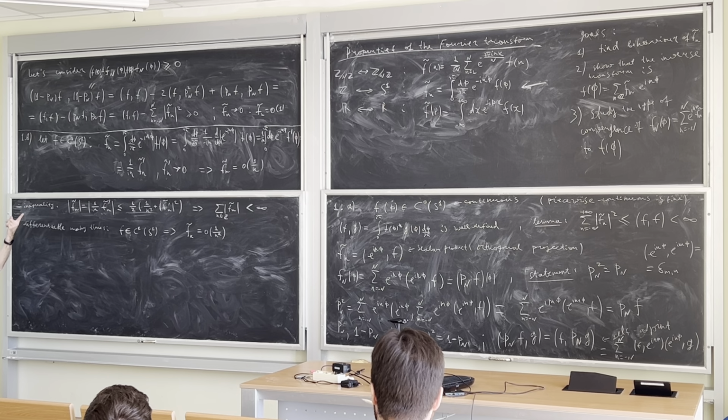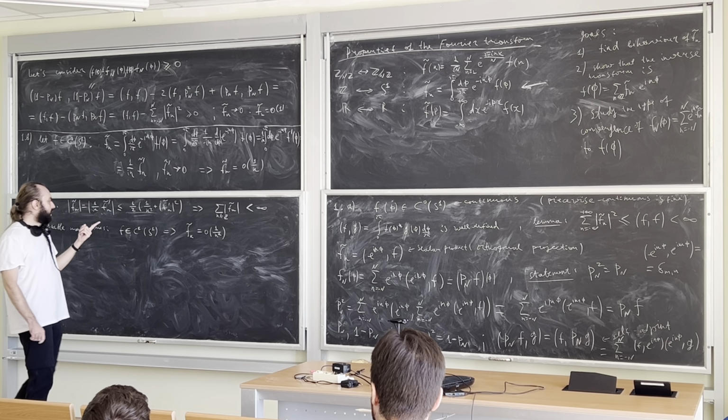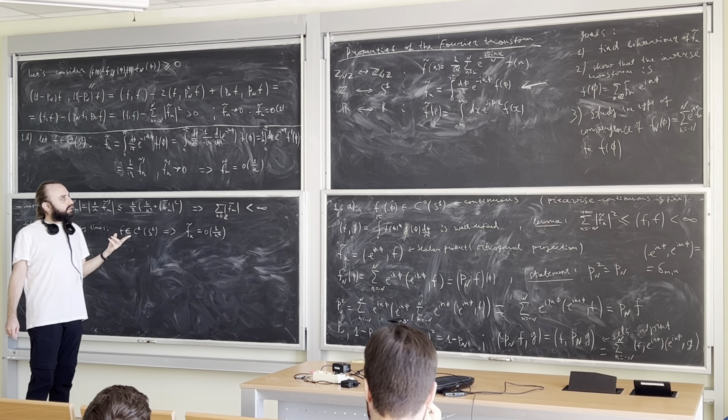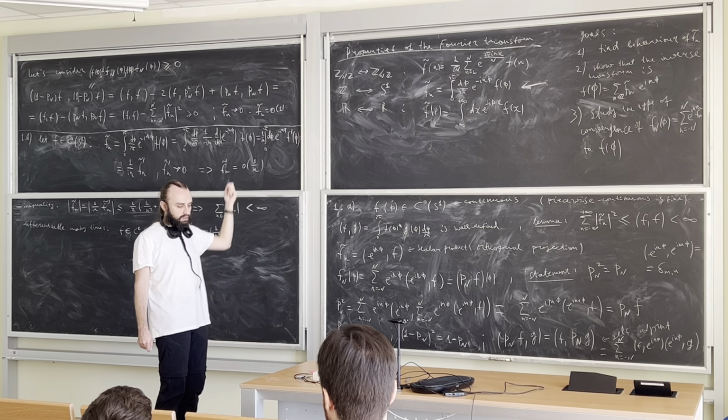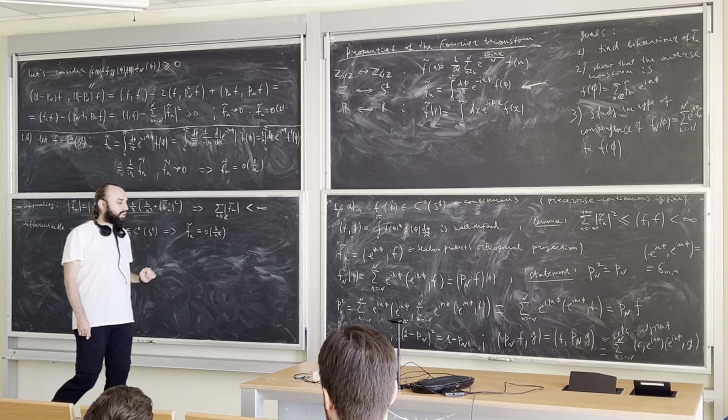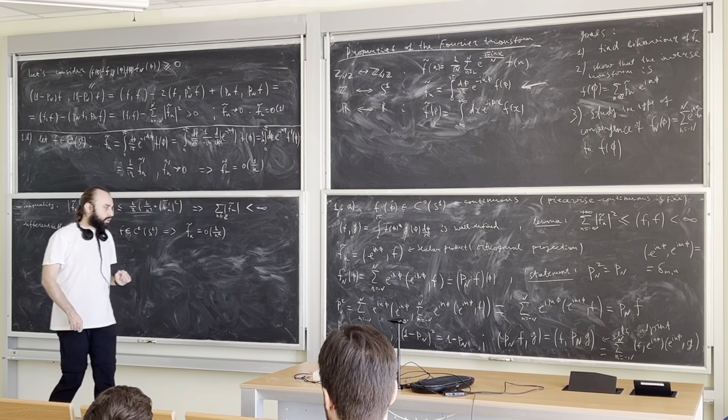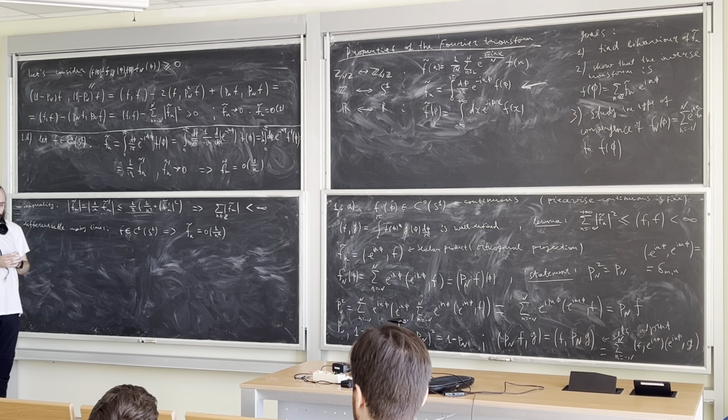Oh, but we are studying different classes of functions. In a sense, this Fourier transform is defined for functions in L1. As long as we can compute that integral, then the Fourier transform is defined. And now we would like to study what happens with special classes of functions.